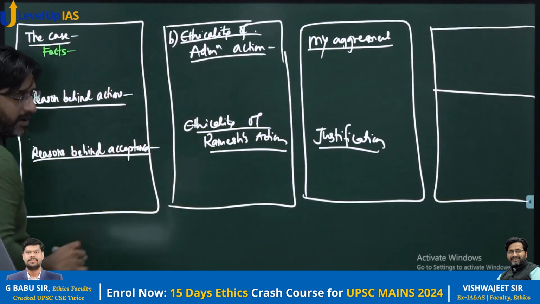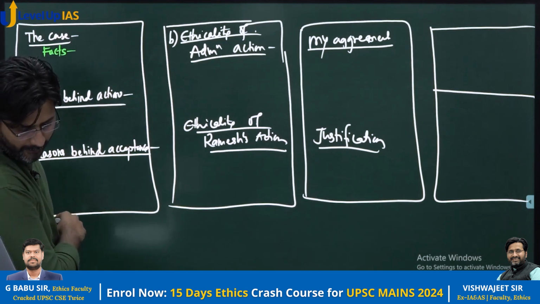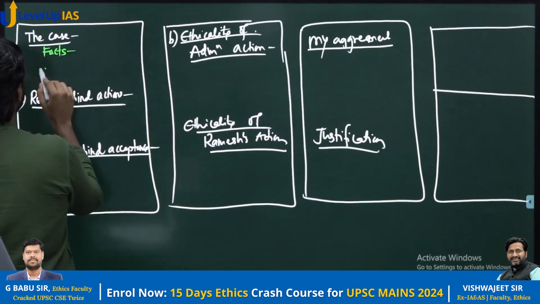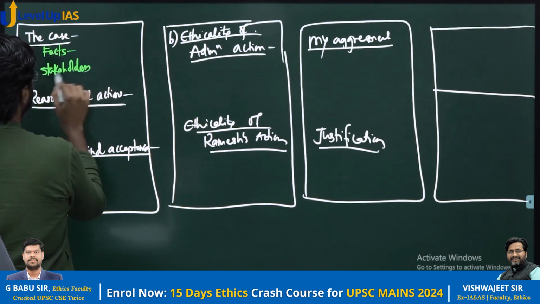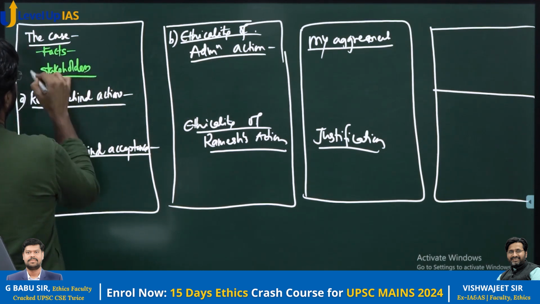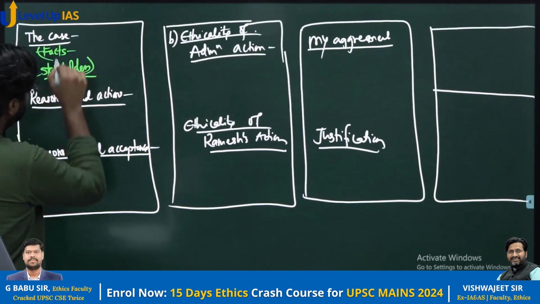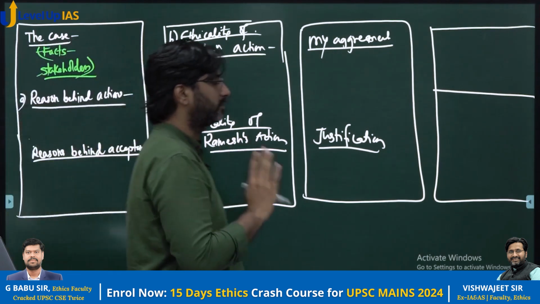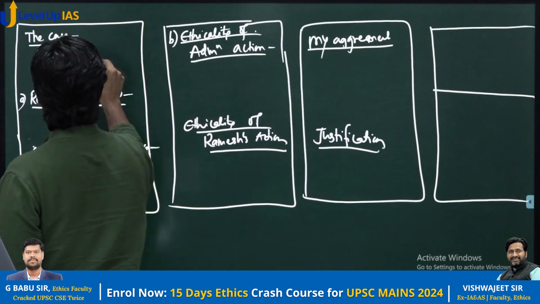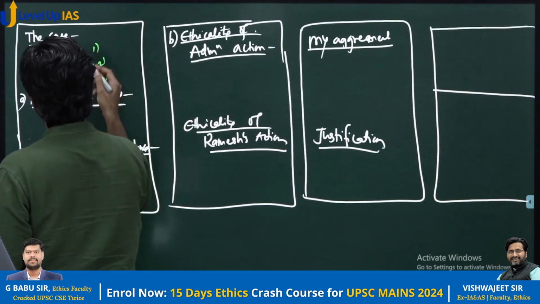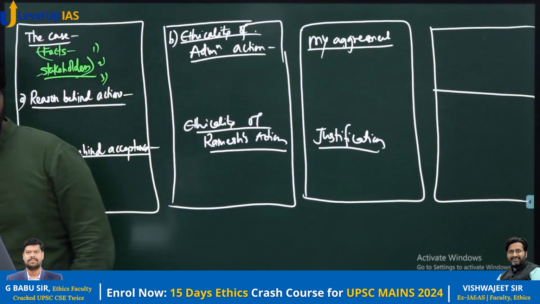So basically the facts of the situation, okay, and overall stakeholders. Now these are not subheadings. These are the points you will be covering under this subheading. So you can cover it point wise, like point 1, point 2, point 3. It depends upon how you want to write it.